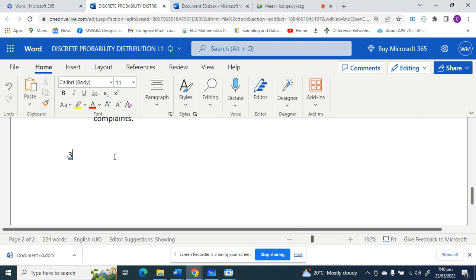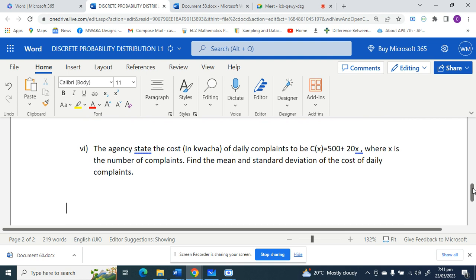Okay, this is the part where now we get our papers and pens and we participate. The agency states the cost in quarter of daily complaints to be C(X) equals 500 plus 20X, where X is the number of complaints.